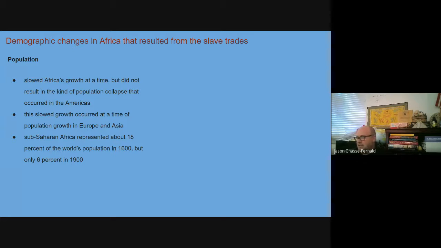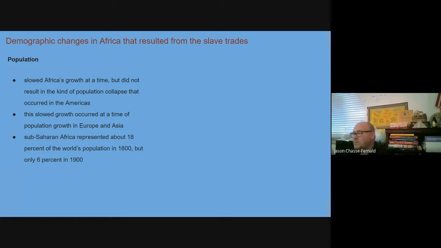Estimates sometimes are as high as 100 million people living in the Americas. And the percentage of the population that dies ranges from 50 to 60% up to 90% plus. That is a demographic collapse. No matter where the percentage is, those percentages are massively high.